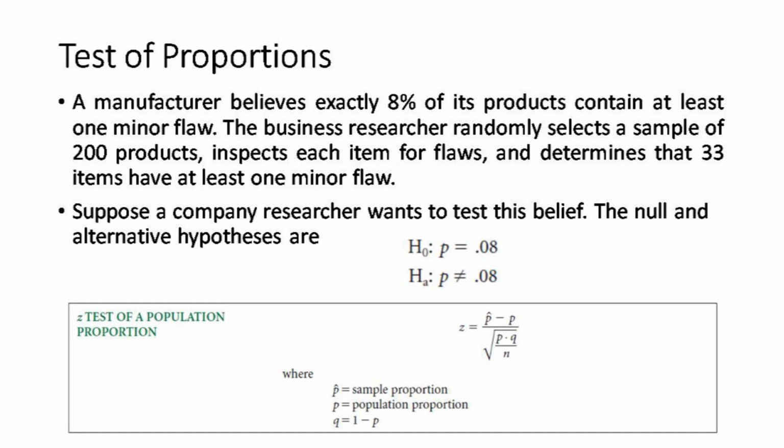So the formula for Z test of population proportion is that Z calculated is equal to P hat minus P divided by square root of PQ by N, where P hat is the sample proportion, P is the population proportion, and Q is 1 minus P.